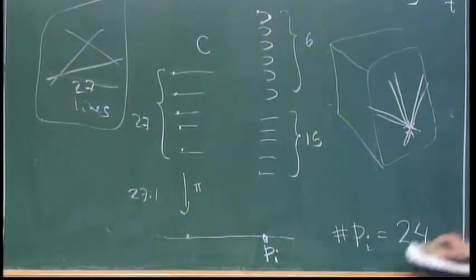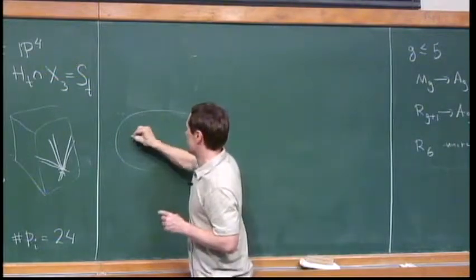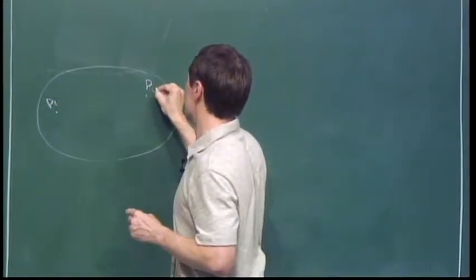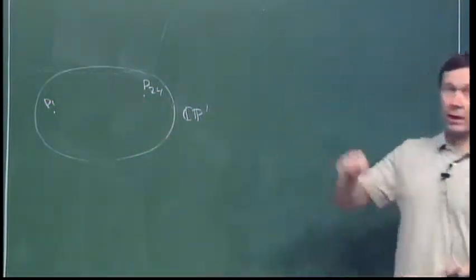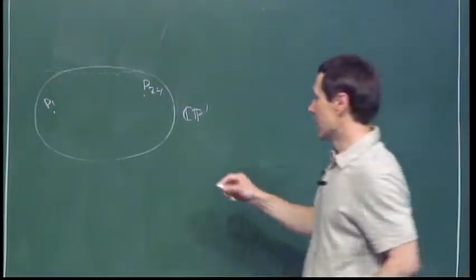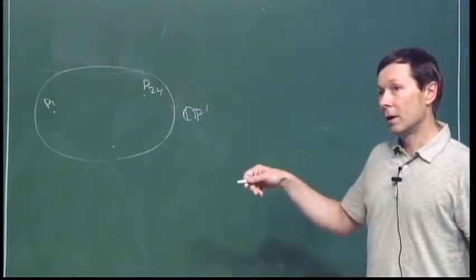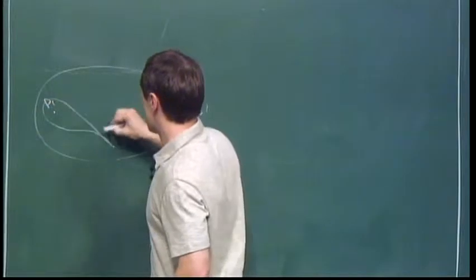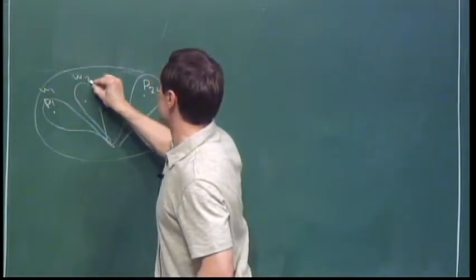All right, so now on the base, let me draw this. This is the CP1. You have 24 points. And a cover like that, so outside of these points, the cover is unramified. And so such a cover is given by some datum of monodromy. So there are these local monodromies, W1, W2, etc., W24.